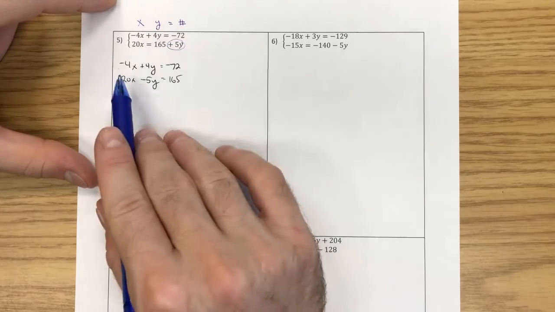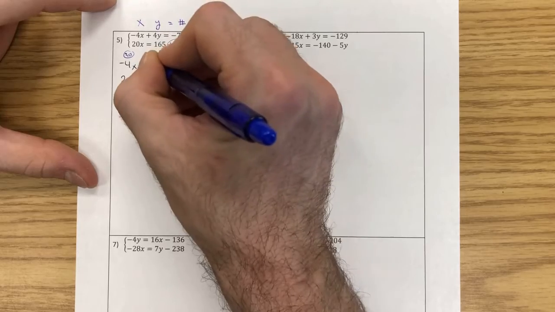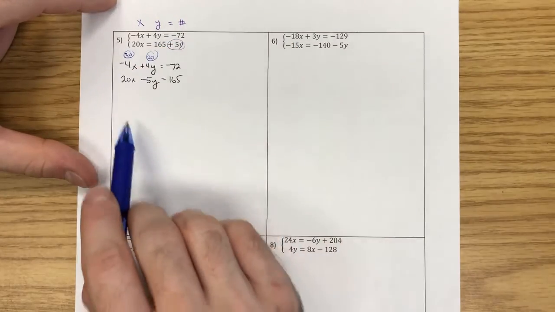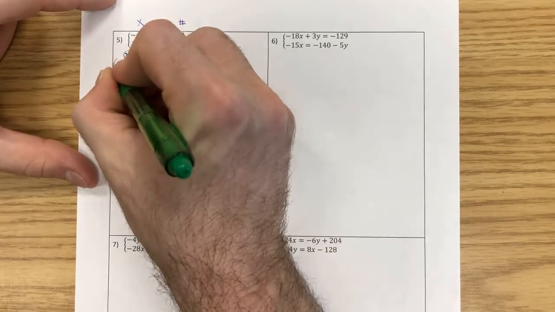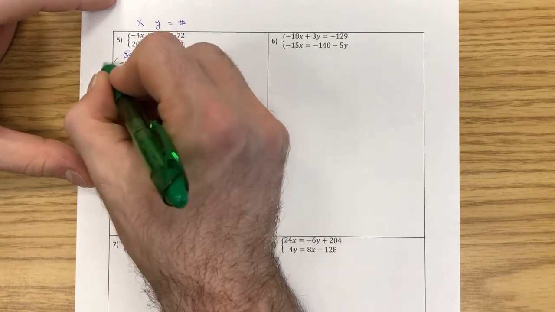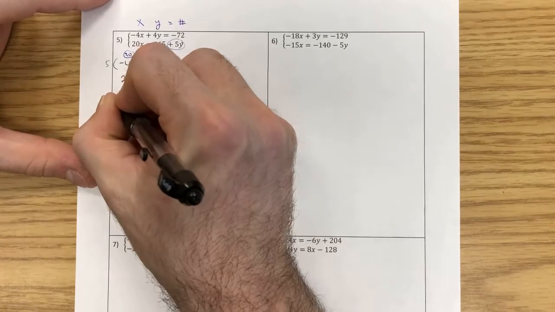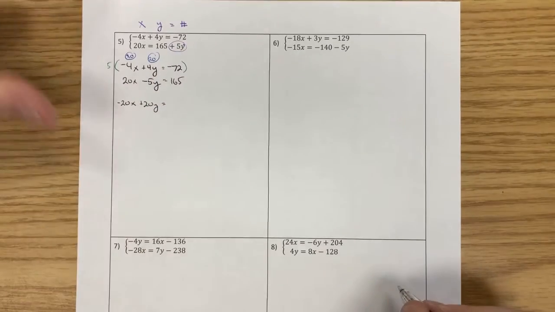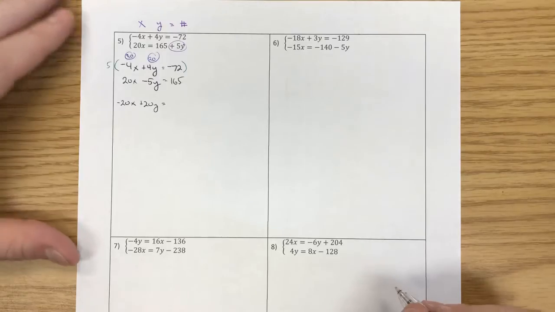And this allows us to either look at the least common multiple of 20 or the least common multiple of 20. Well, I'm going to go with the x's simply because that's already a 20. I know I don't need to do anything fancy to the bottom one. It's positive 20. I need this to be a negative 20, which means I multiply the entire equation by 5. So negative 20x plus 20y is, let's see, 72 times 5 is going to give us 360.